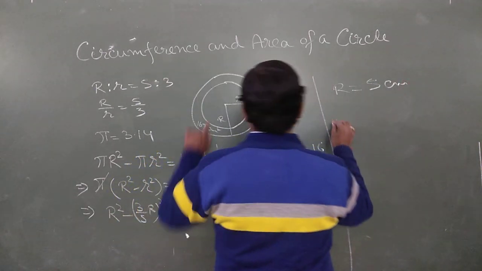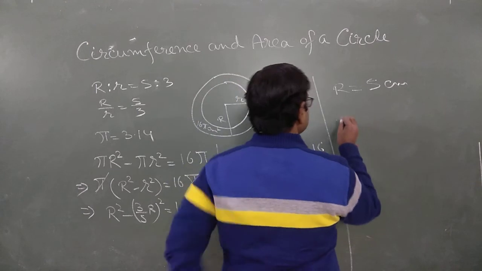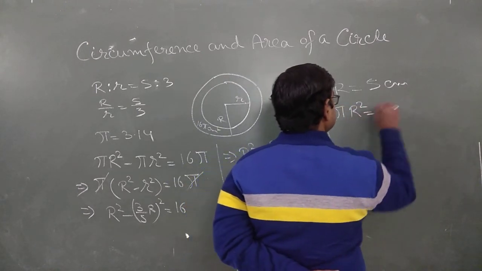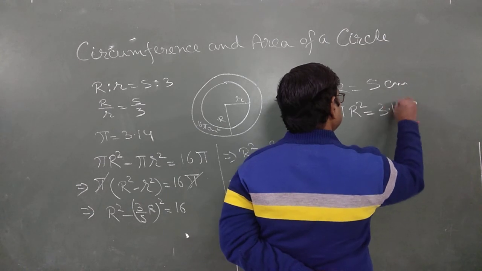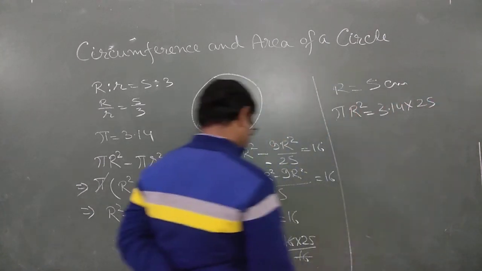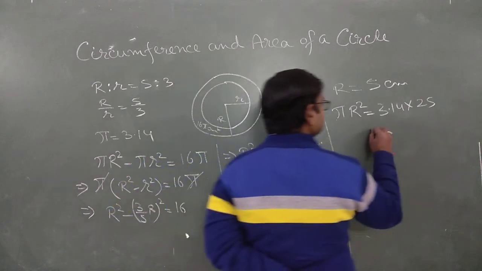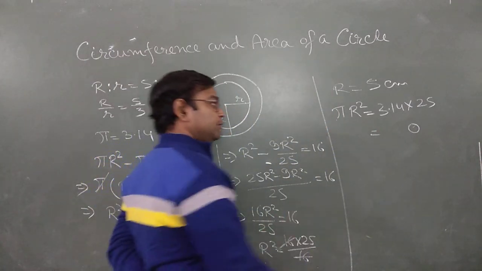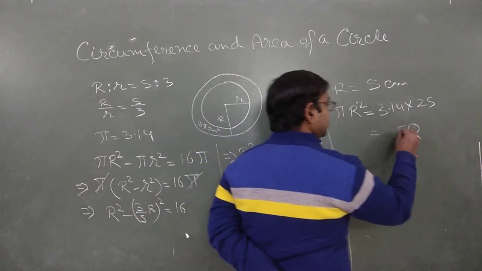So the area enclosed by the outer circle is pi R square, it's 3.14 into R square, we have 25. When you multiply 25 by 4 is 100, 10 carry, 25 by 1 is 25 plus 10, 35, 3 carry.